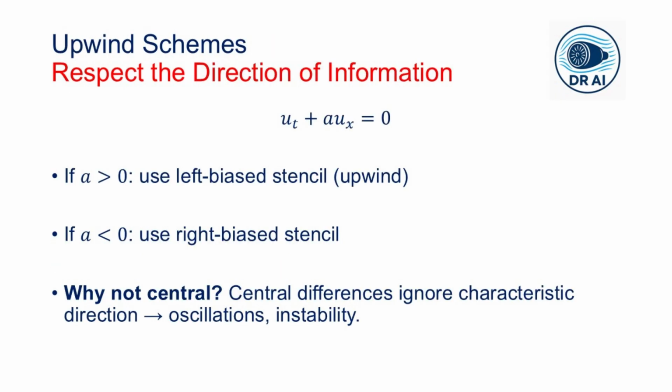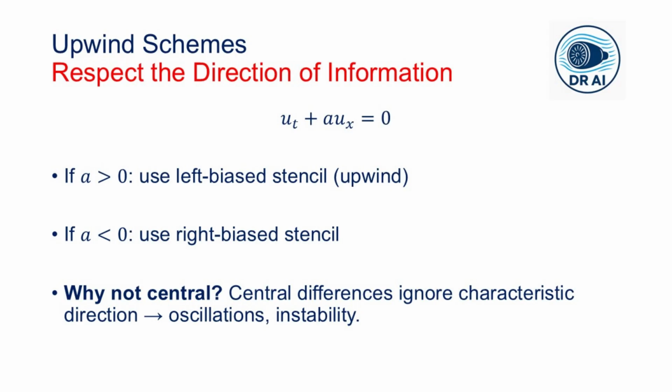Now, moving on to upwind schemes and respecting the information direction. For hyperbolic equations, the upwind scheme is natural. In partial u over partial t plus a partial u over partial x equals 0, if a is greater than 0, the information travels to the right. The spatial derivative must be approximated using the left-hand nodes. But if a is less than 0, it uses the right-hand nodes.